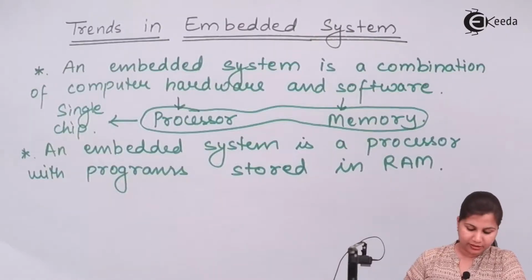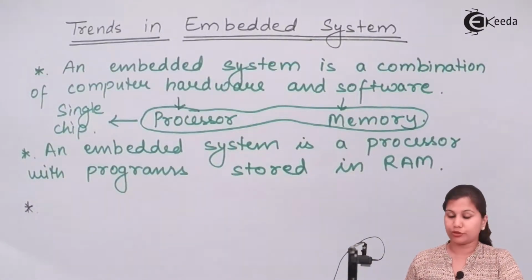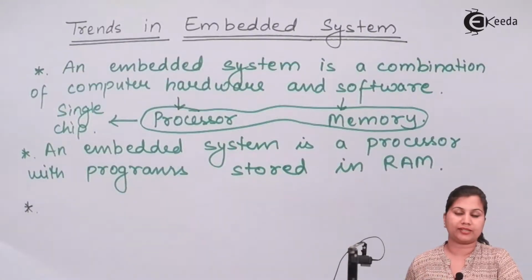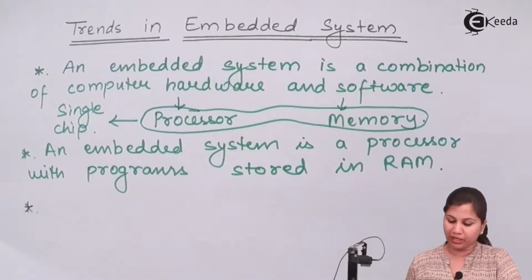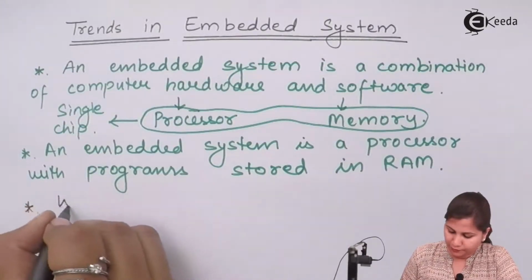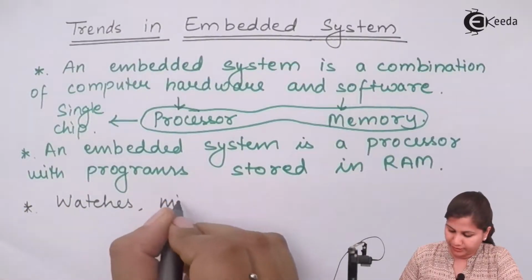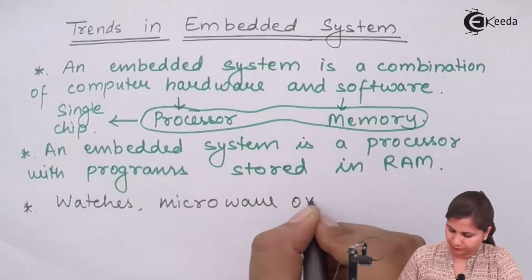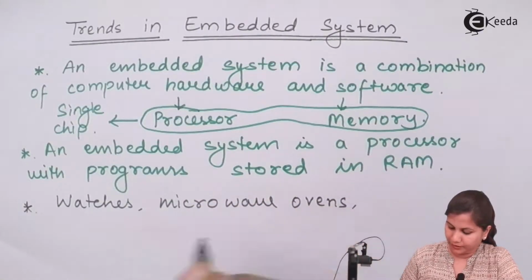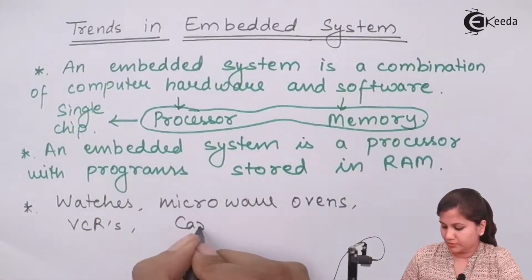Now, recently, we can say that virtually all the applications in which there is a digital interface are a type of embedded system. Examples are watches, microwave ovens, VCRs, cars.